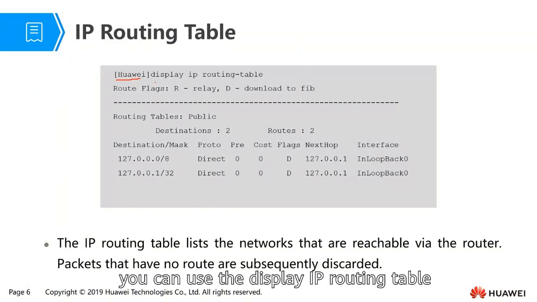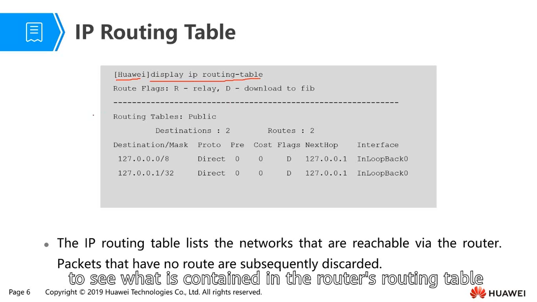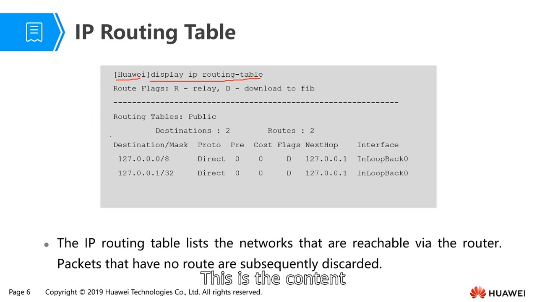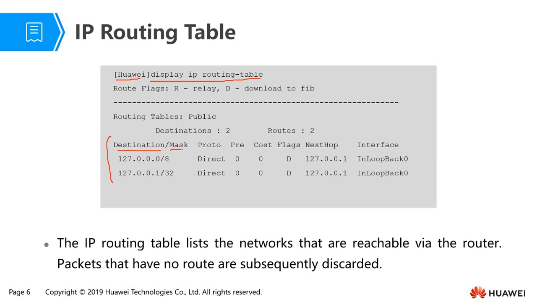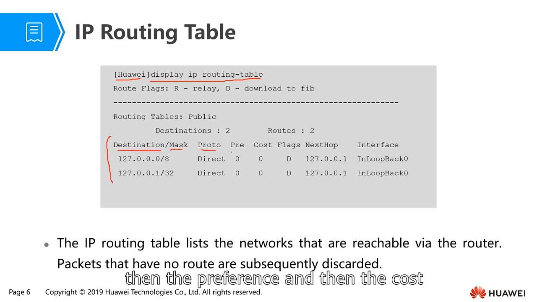You can use the display ip routing-table command to see what is contained in the router's routing table. Then this is the content. We can see there are many columns. First is the destination network and the mask, and then the protocol, the preference, the cost, the flags, the next hop, and the interface.